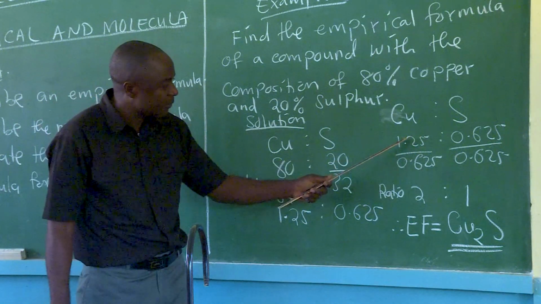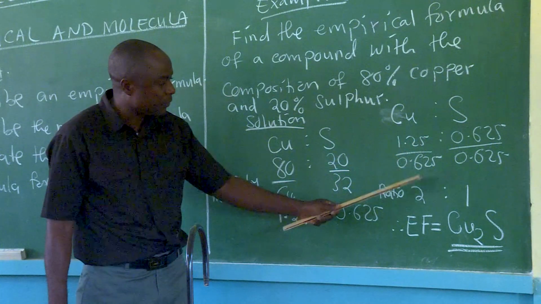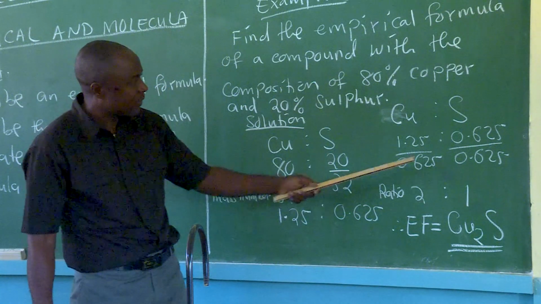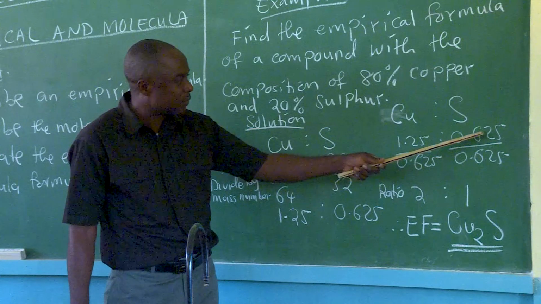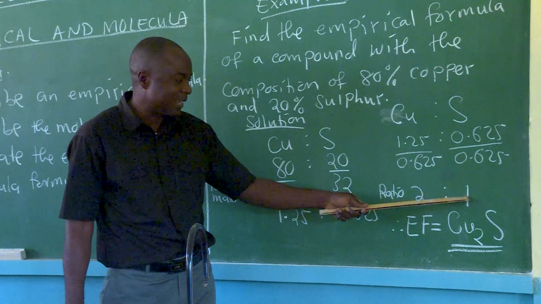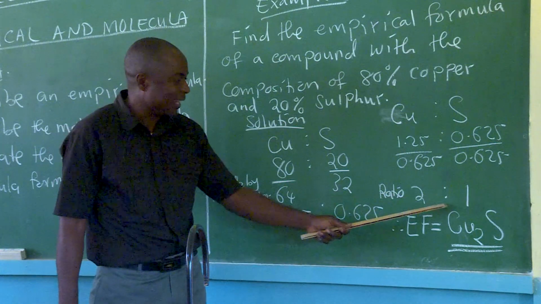You divide 1.25 by 0.625, it has given us 2. Then 0.625 divided by 0.625, it has given us 1. Okay. Therefore, these are the ratios.